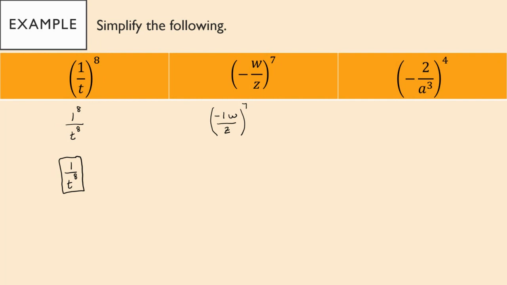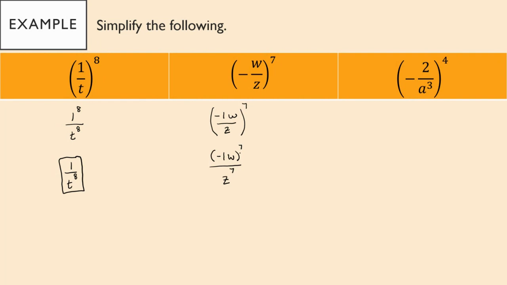So we're going to use the rule where you distribute your exponent to the top and the bottom. Our top is -1w, so that's going to get an exponent of 7. And then our bottom, the denominator, is z, and that has an exponent of 7. So that's using the power of a quotient rule.